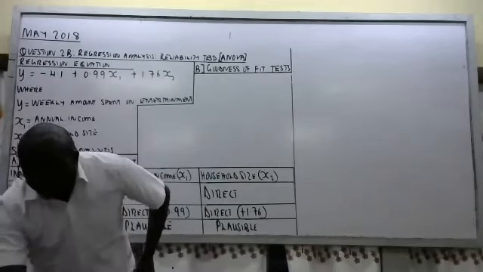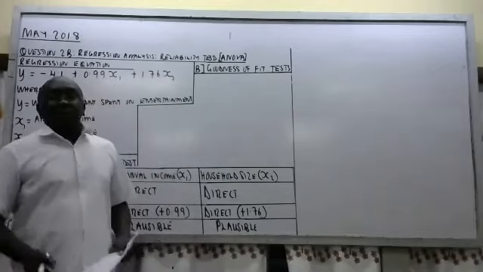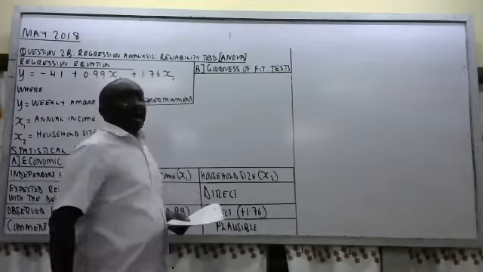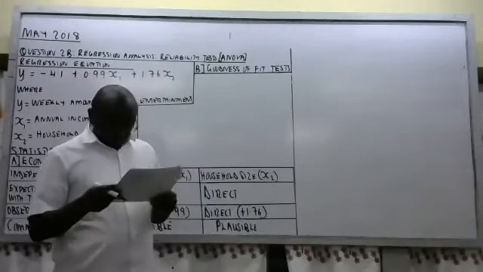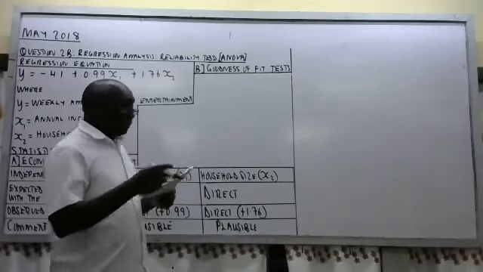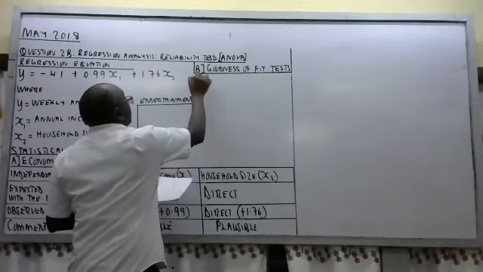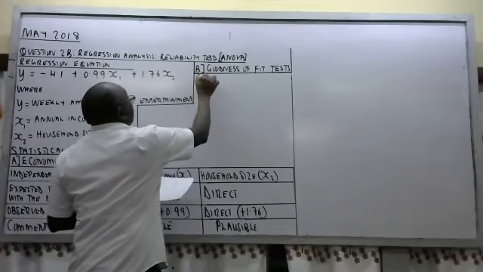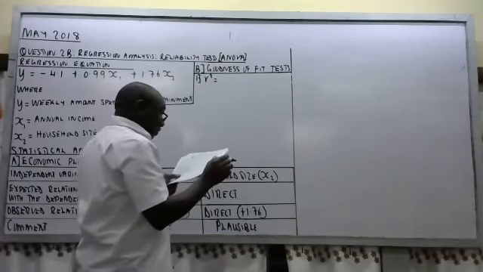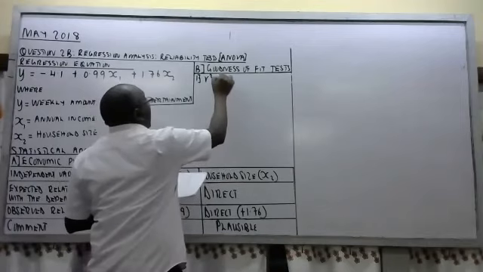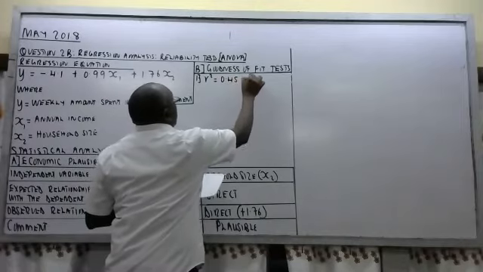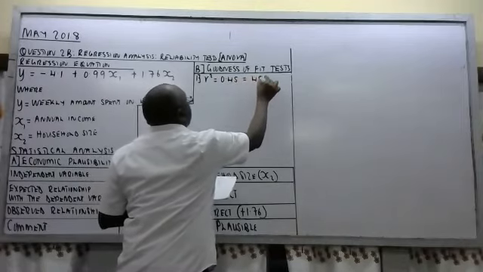In the goodness of fit tests, I told you there are 6 tests. Number one is R square. You can see we are given R square. It is 0.45, which is 45%.